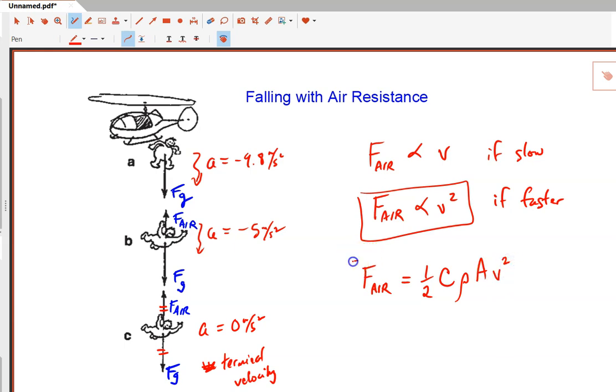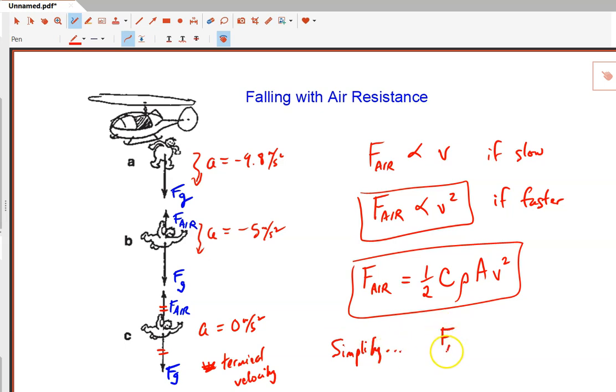So this is technically the equation we're going to be using, but I am going to simplify it a little bit in our coding, and we're going to be simplifying it to just simply writing C times V squared, and also a direction to it, which would be negative. If we're considering positive, go downwards.